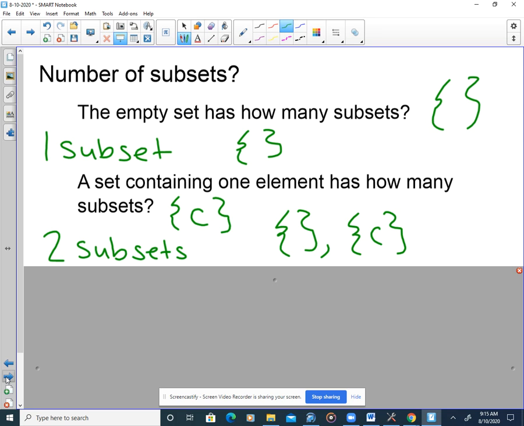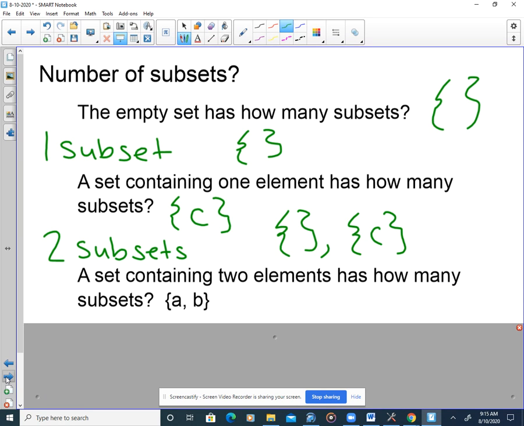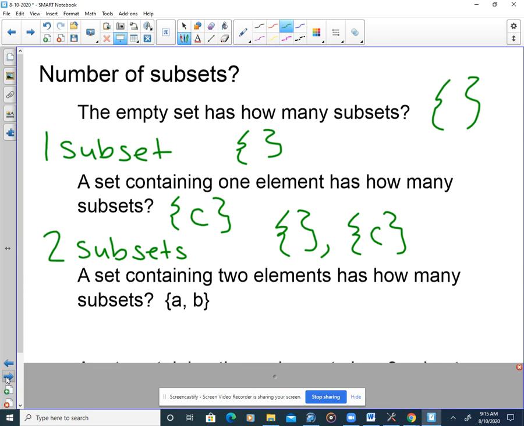One more example here. Let's say I have a set that has two elements. The two elements are A and B. How many subsets does this set have? Well, this set would have 4 subsets. I will list them out so you can see them.